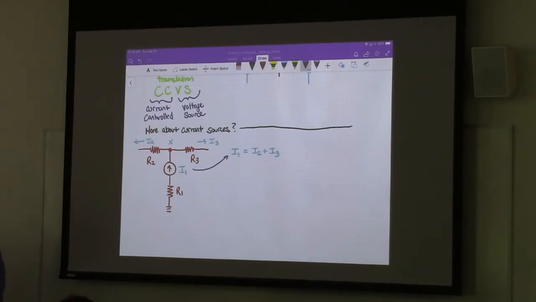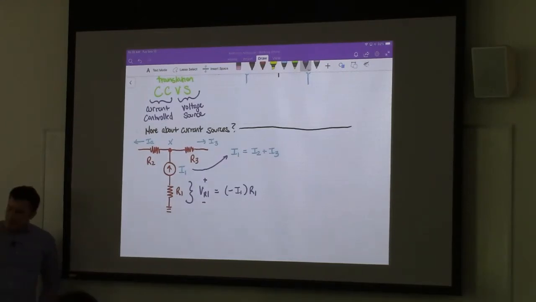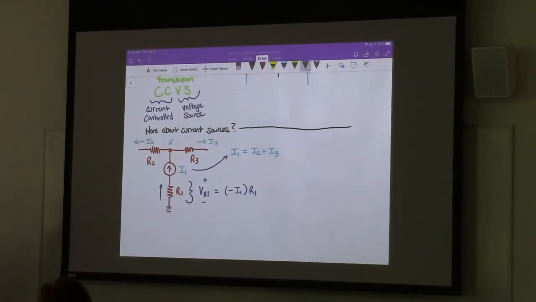Furthermore, if I were to try to calculate the voltage across this resistor right here, it would be equal to negative I1 times R1, because we already know what the current is flowing in that direction.